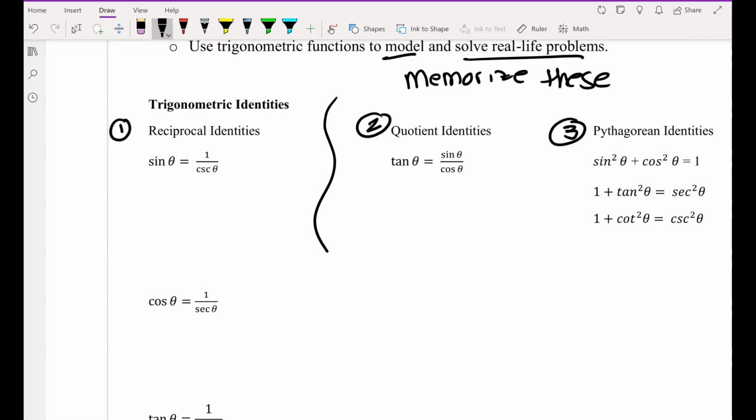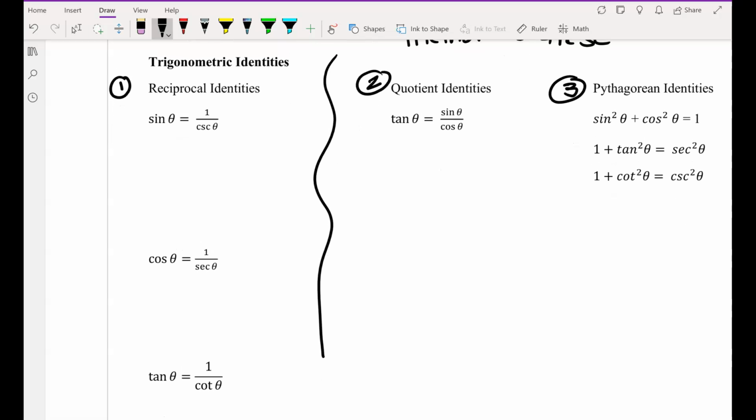So first up is the reciprocal identities. Reciprocal, as you know, means to flip the fraction over. So if I gave you 4/3, the reciprocal, just flip that over and you get 3/4. So the sine of theta is 1 over the cosecant of theta.